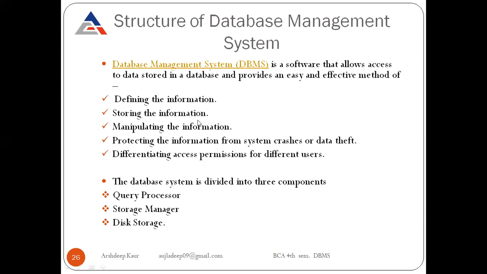We can store the information by using the DBMS. We can even manipulate. Manipulate means we can update the values that are already stored in the tables. It protects the data, and it gives different permissions according to the different requirements of the user.